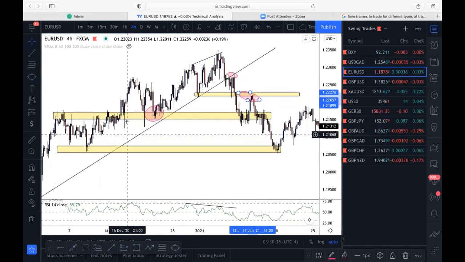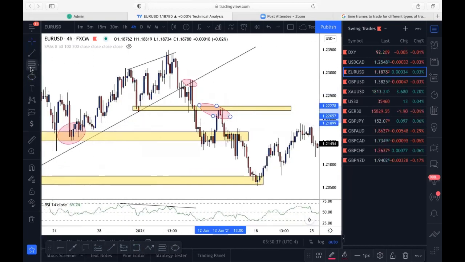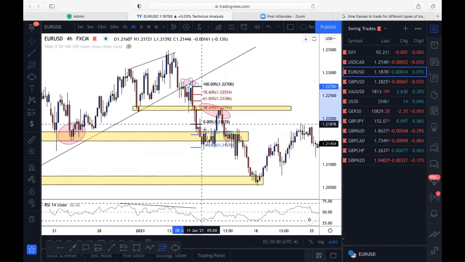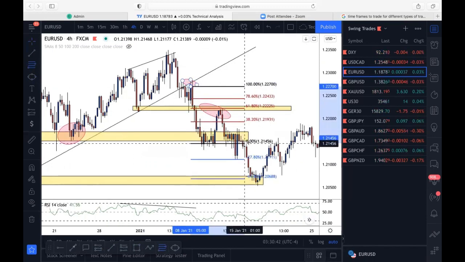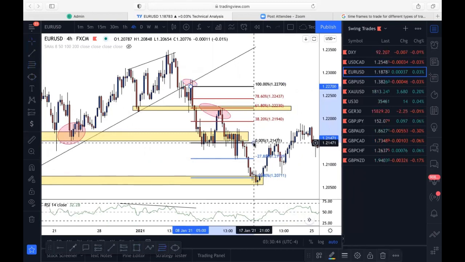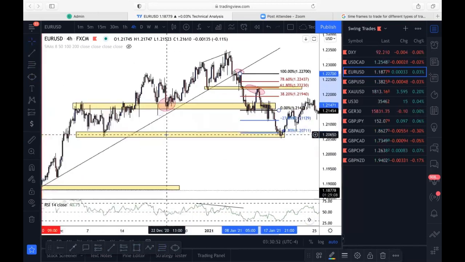All right. Even this move here was a fib entry. This is how you just use all the tools in your toolbox. Directly on the 61.8 to a broken area for a retest is just picture perfect.